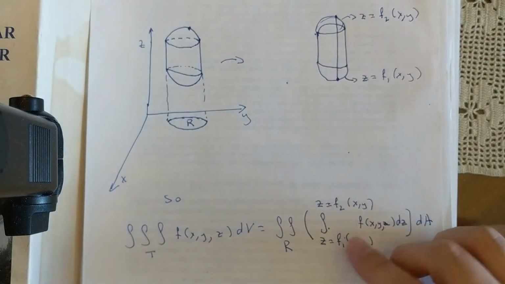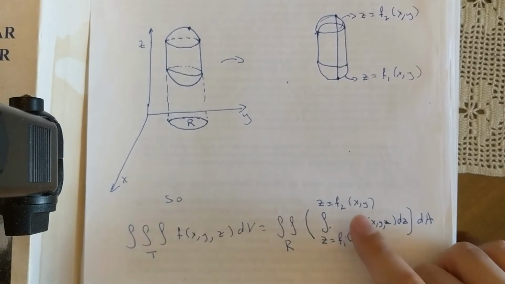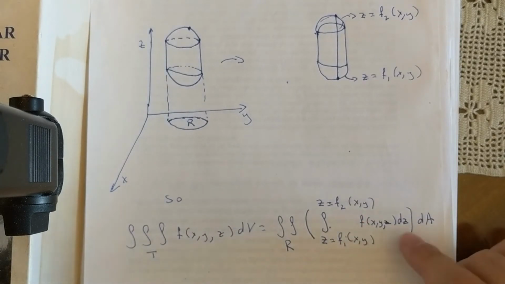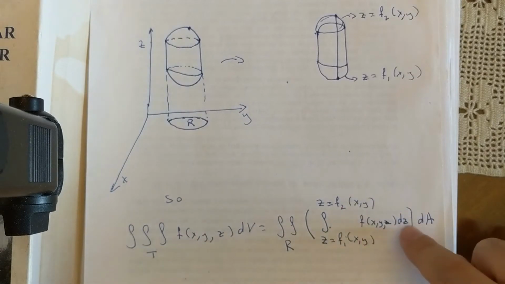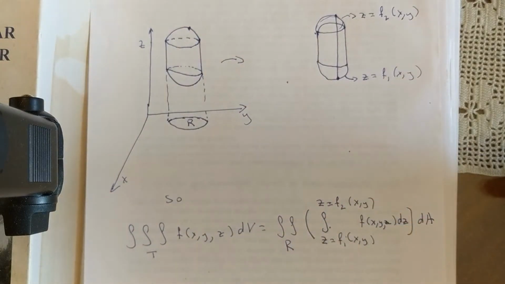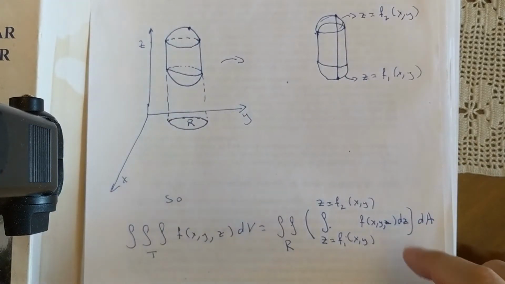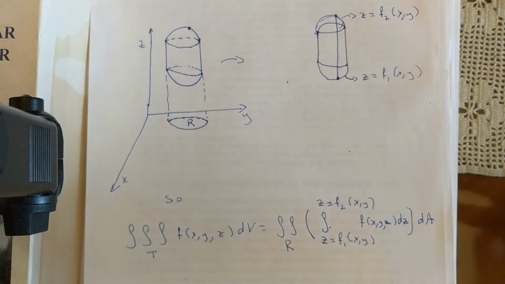Let the top one be f2 and the bottom one be f1 of x, y, dz. So you're doing the z coordinates first. You can actually do any coordinate first as long as it works out, but usually these integrals are going to go dz, dy, dx. That's the easiest one to think of.